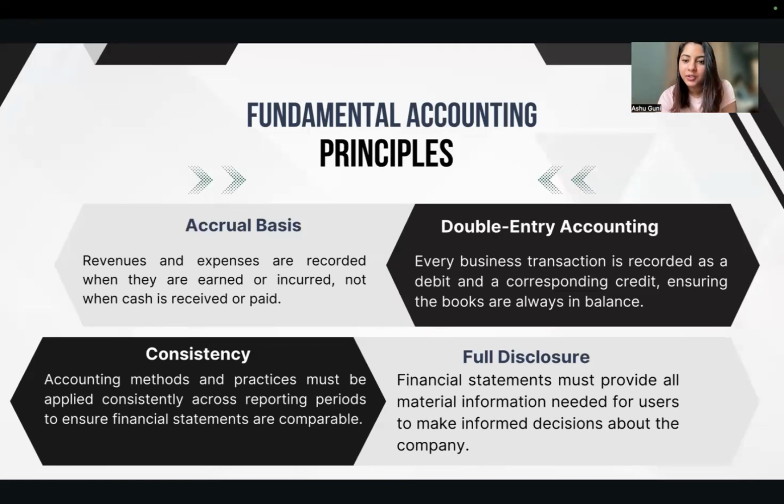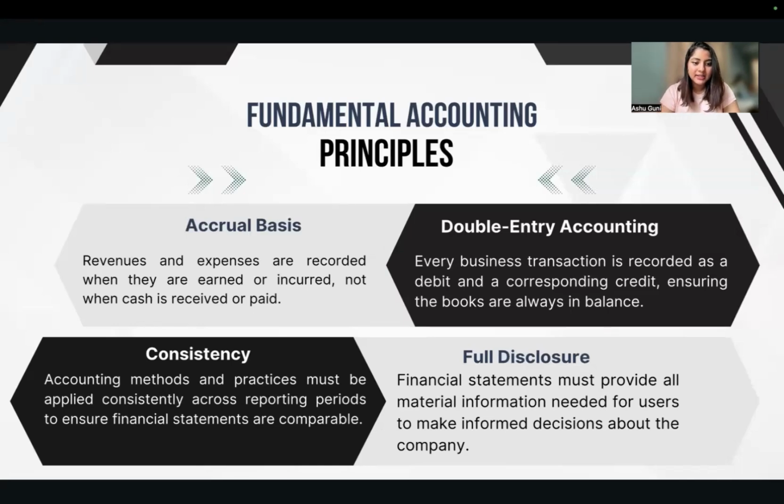We have double entry accounting, which we have also discussed in our classroom, which states that every business transaction is recorded as a debit and a corresponding credit, ensuring that the books are always in balance. And we also have the accrual basis, which means that revenues and expenses are recorded when they are earned and incurred, not when the cash is received or paid.